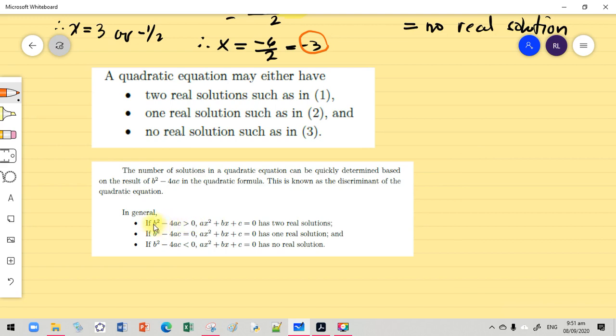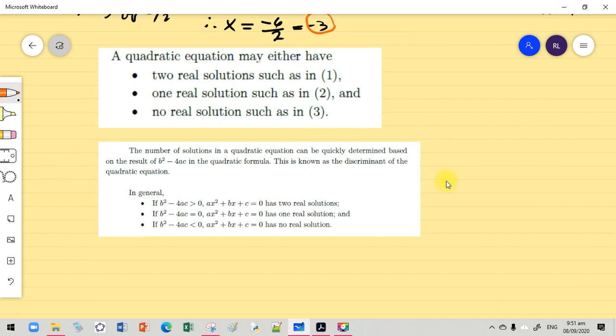If the result of that b squared minus 4ac is positive, therefore our quadratic equation has two real solutions.